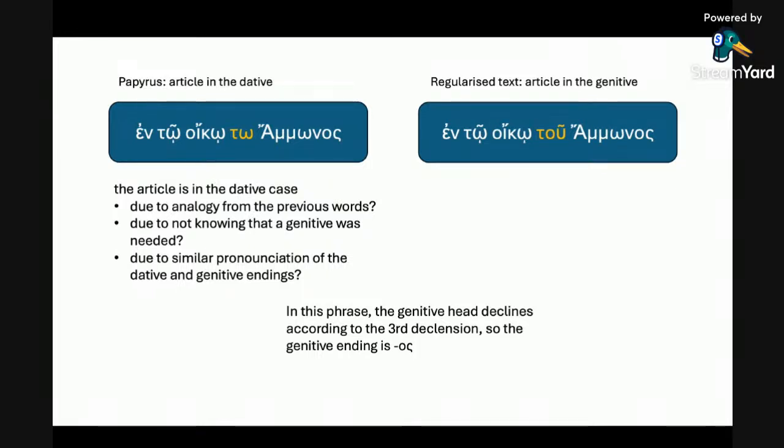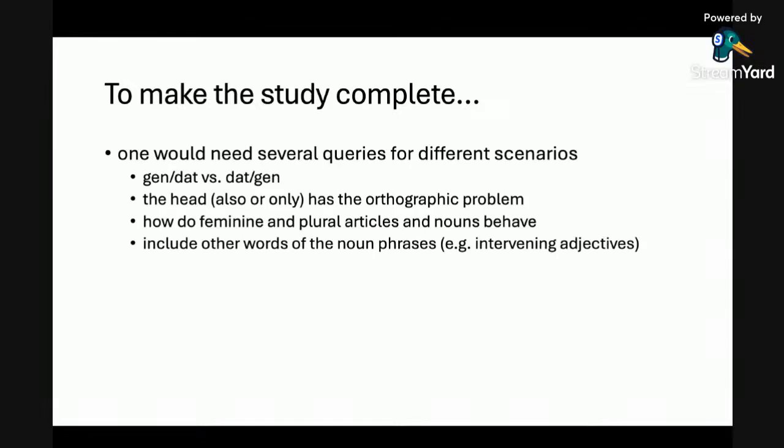So this was just an example of what kind of results you get. And to make the study more complete, we would actually need several queries for different types of scenarios. So looking, first of all, at different directions from genitive to dative and dative to genitive, and then also at different variations or combinations: if the head also has the orthographic problem, or if the head only has the orthographic problem and the article is written correctly.